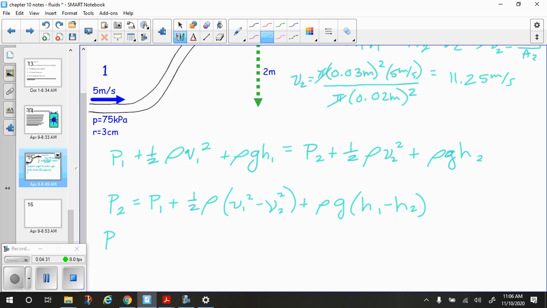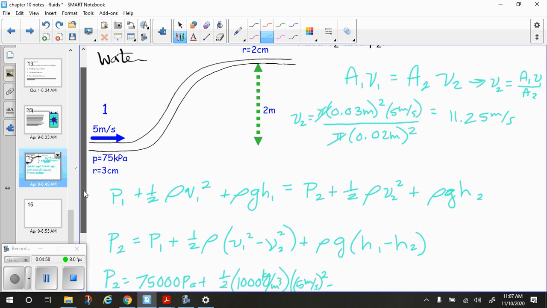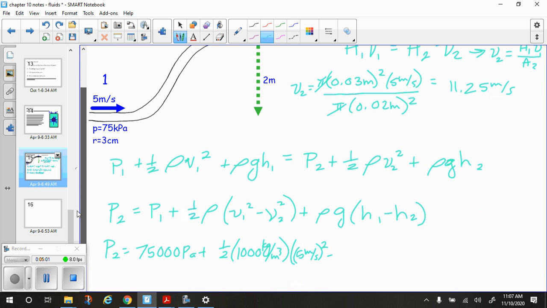So we get P2 is equal to 75,000 pascals plus 1/2 times the density of water, which is 1,000 kilograms per meter cubed, times velocity 1, which is 5 meters per second. We're squaring that, minus velocity 2, which was 11.25 meters per second.